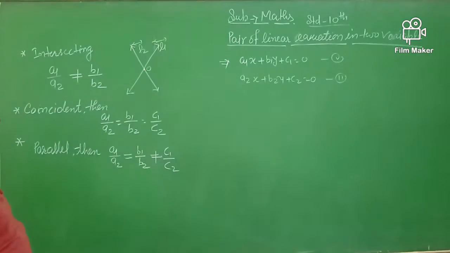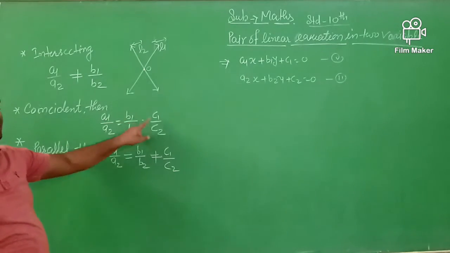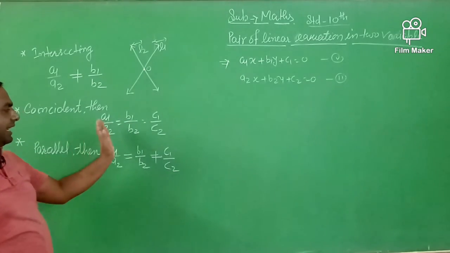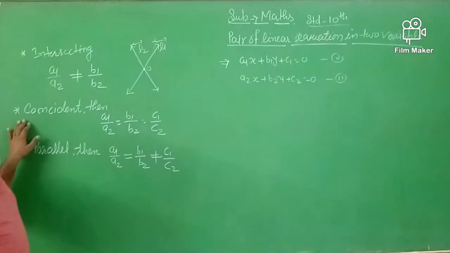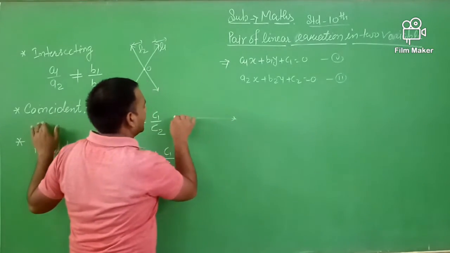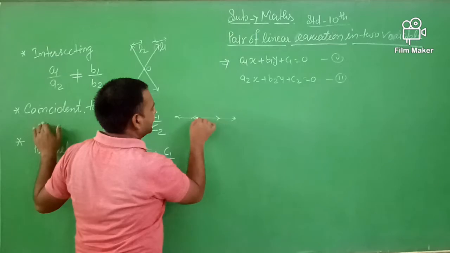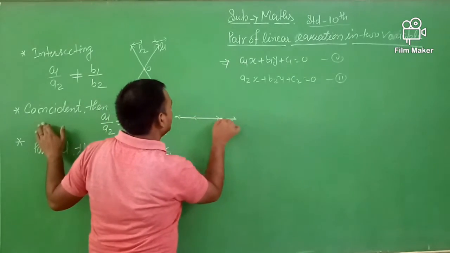So you can say it has only one solution. In the second situation, if a1 by a2, b1 by b2 and c1 by c2 are all equal to each other, then you can say these lines are coincident. It means there are many lines overlapping each other, as shown here.